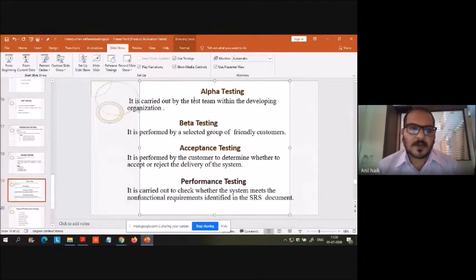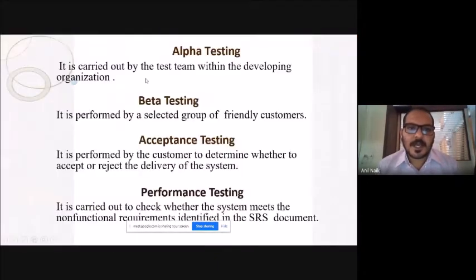Alpha testing is carried out by the test team within the developing organization. These are all different levels of testing: alpha testing, beta testing, acceptance testing, performance testing, which you will discuss in the third chapter of your syllabus.